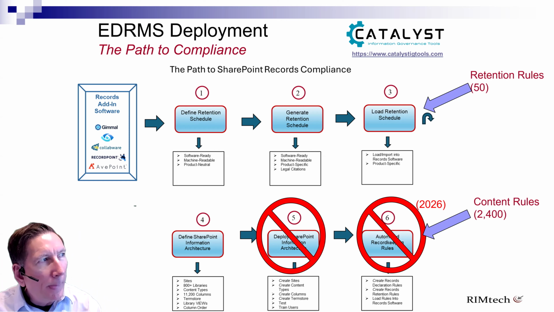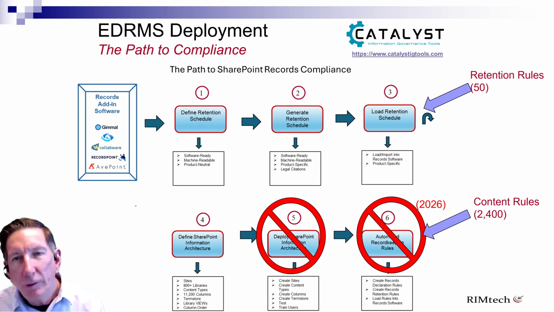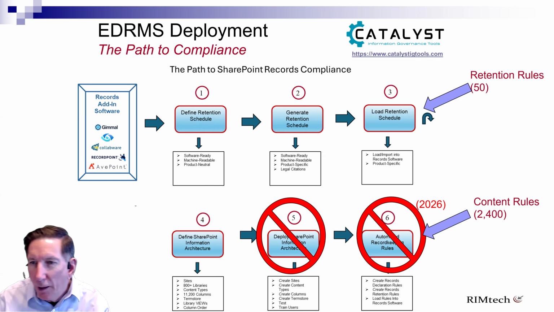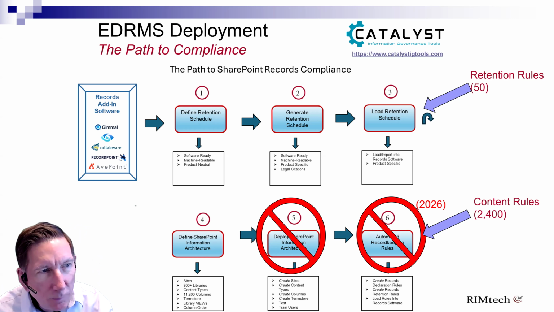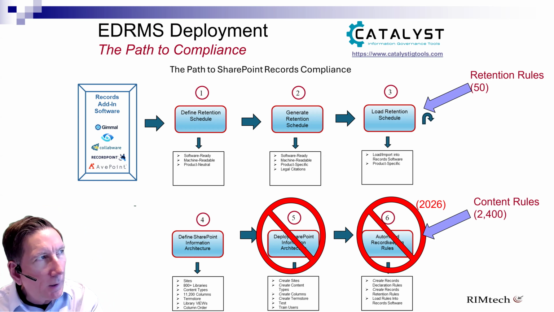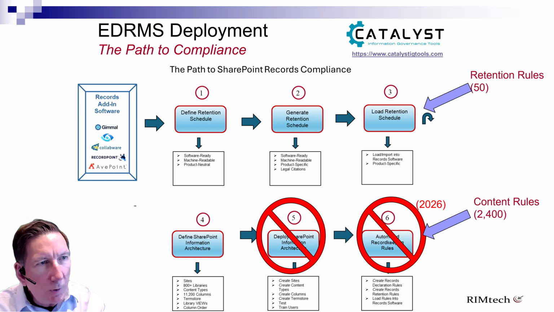There are two YouTube videos that tell the full story. One is called "Disposition is Broken in Purview. Here's How to Avoid It." You need to watch that. And the second one is how to deal with event-based retention, and that's coming up in about 2 weeks. This is scheduled. You can sign up for it now. But you need to view both of these.